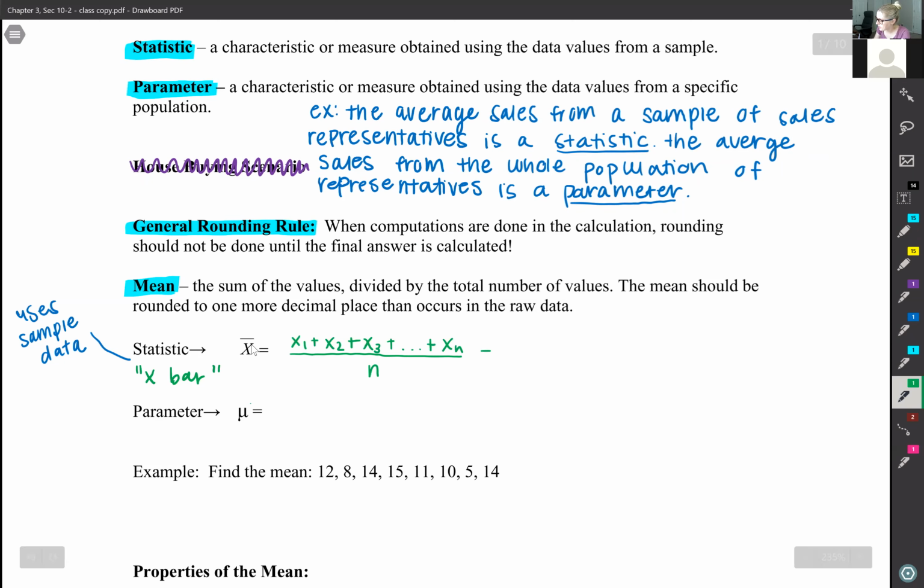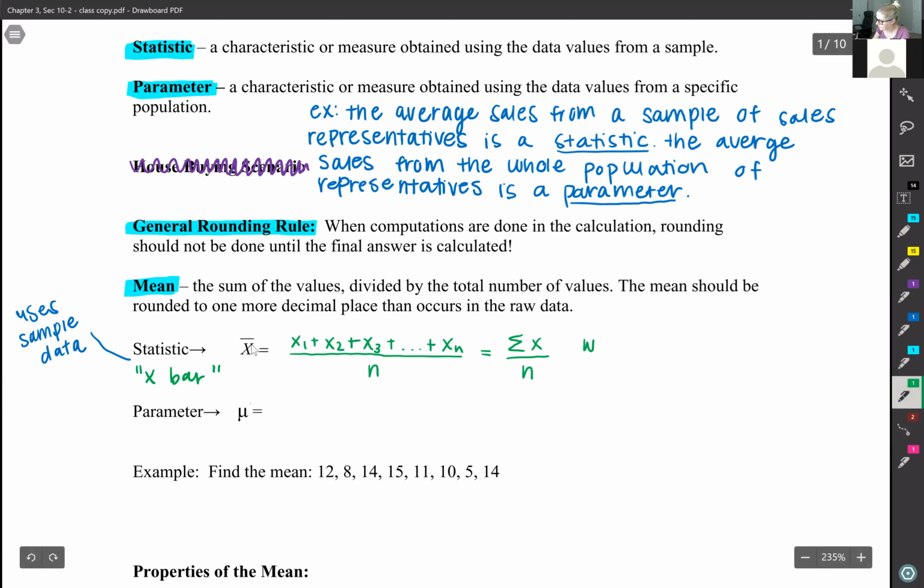Another way you can write this that your textbook will do is the summation symbol. That just means you're summing up all of the data points and then dividing by them. So you'll see both things written in the textbook, so I wanted to talk about both of them. This is just the summation symbol, and this is just saying that you add up all the data points, which is the same as just writing out, summing up all of the data.